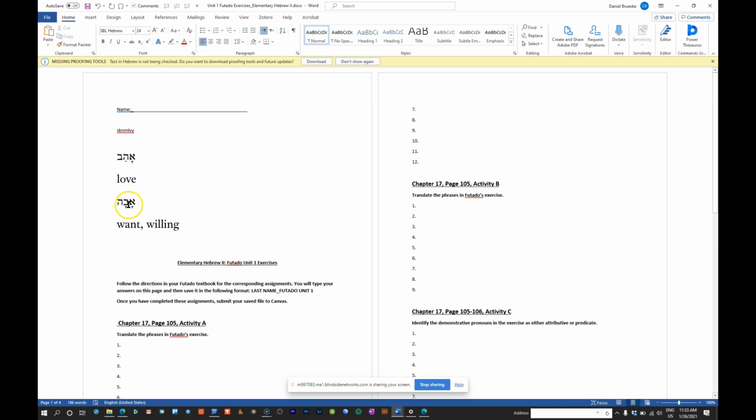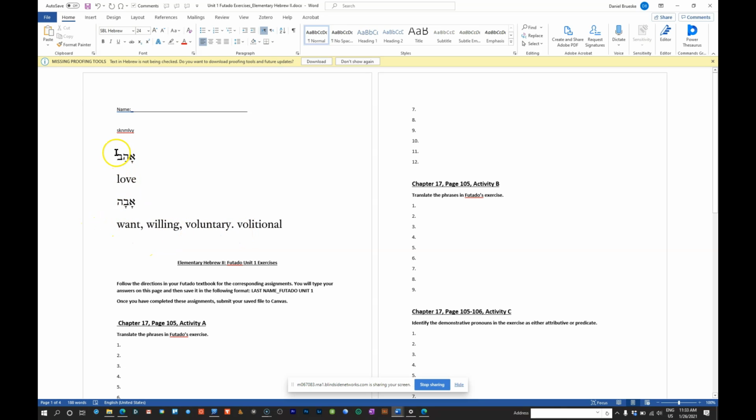Ava has the V sound early, which makes me think of voluntary, so having to do with the will, volitional, that sort of idea. So when you've got one of these two words and the V sound comes early, it's this voluntary, volitional, I want, I'm willing.